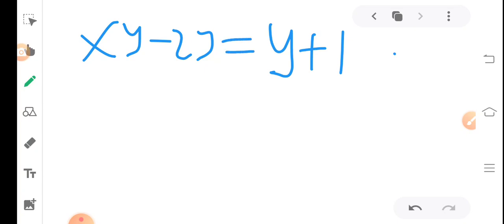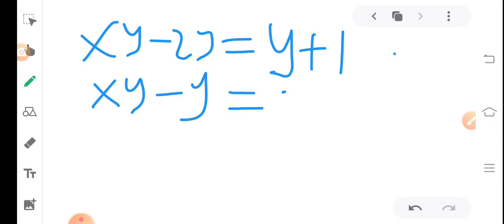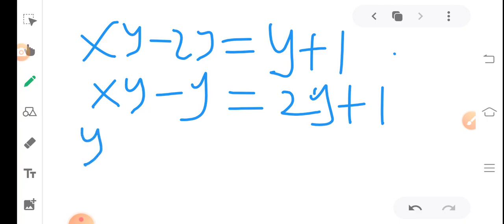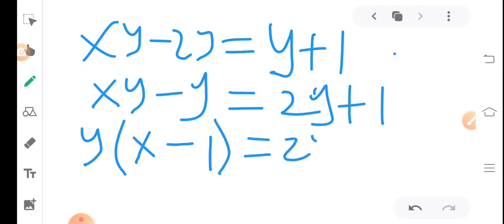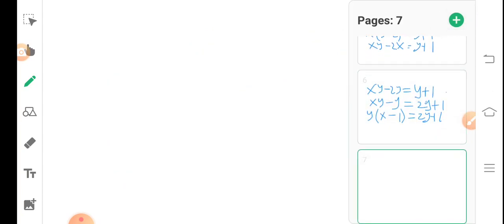Then by additive inverse, we have xy minus y is equal to 2x plus 1. Then we factor, so we arrive at y times x minus 1 is equal to 2x plus 1.